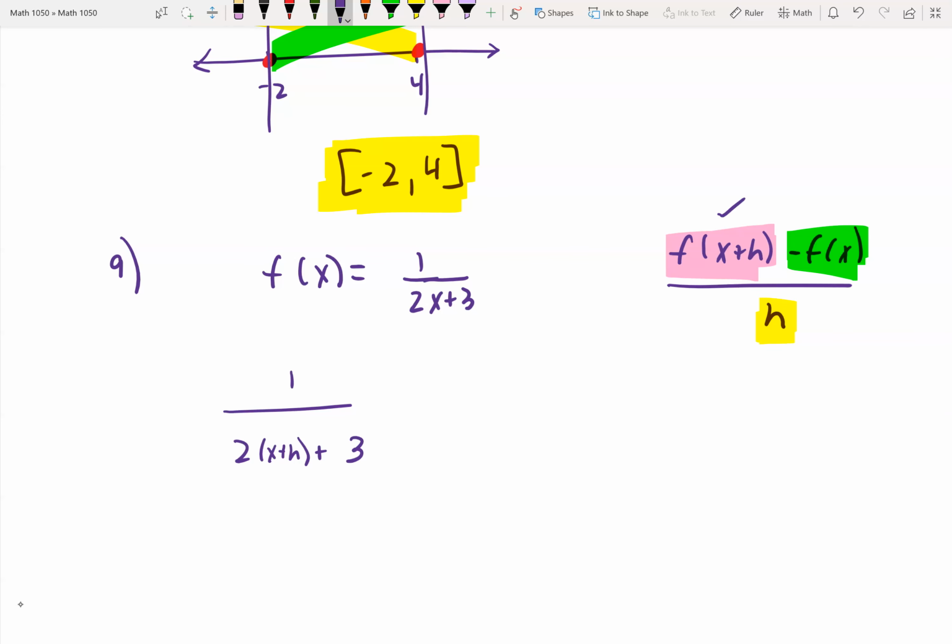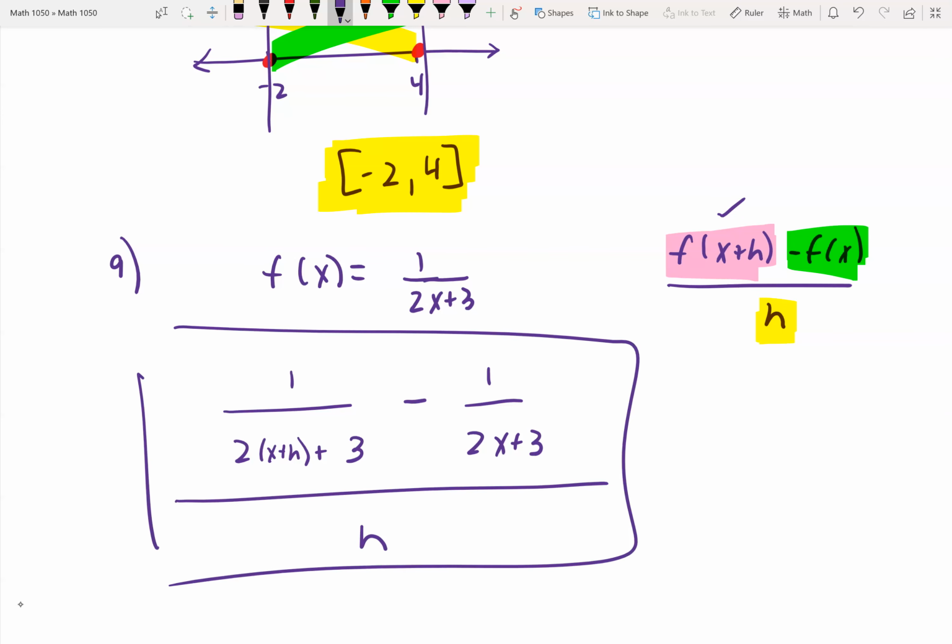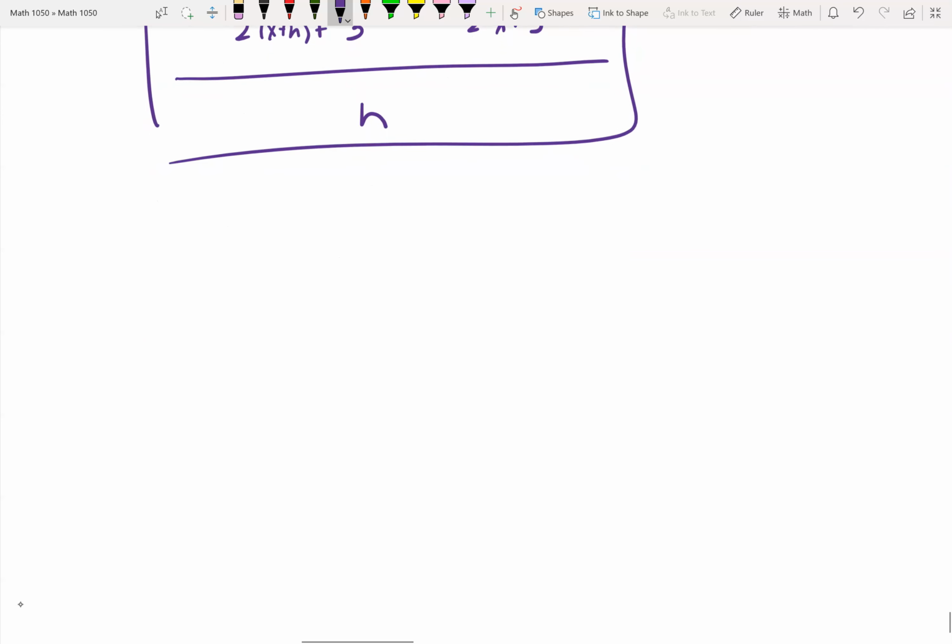This is a completely separate thing. Some people are putting this green part in the bottom. It's a completely separate term. So now you just go minus that separate term, write down what your f of x is, divide the whole thing by h, and there's your setup. You don't have to simplify it, okay? Number 10.